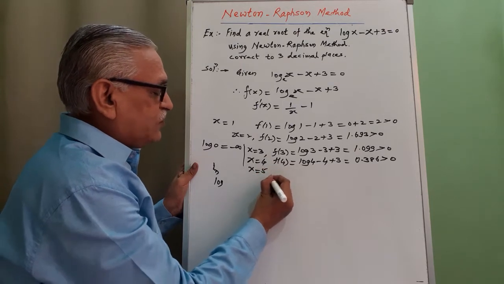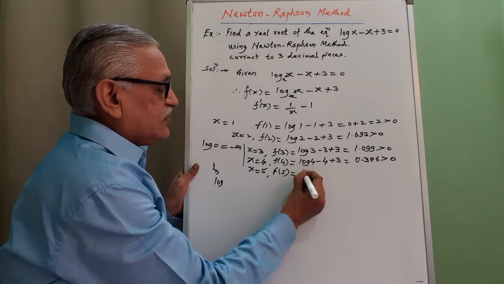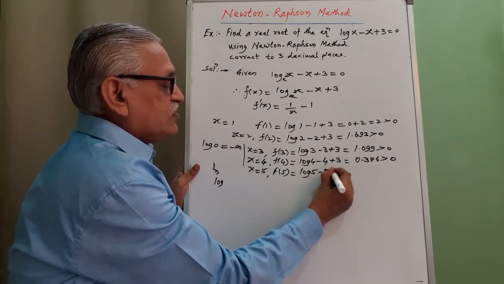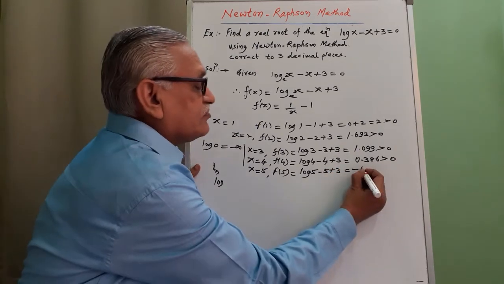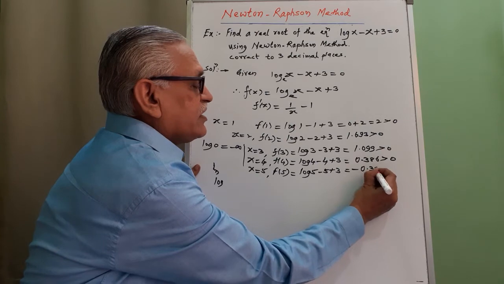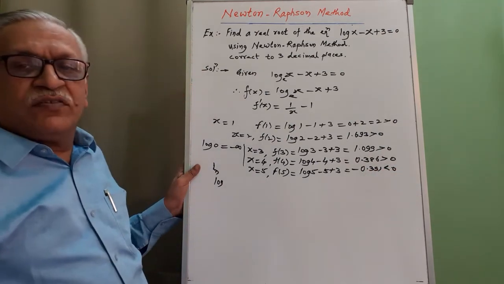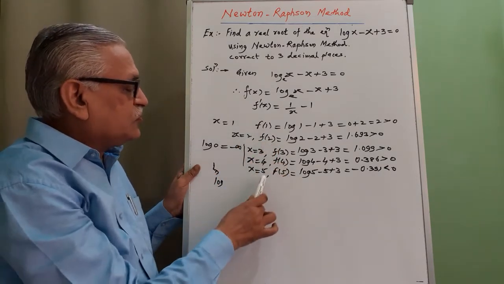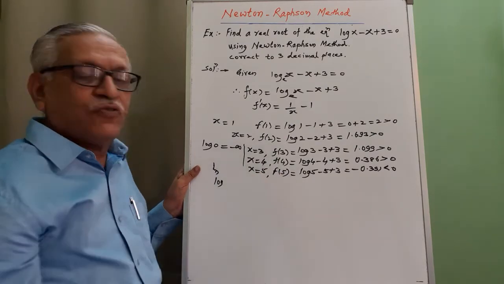For x is equal to 5, we get f of 5 as log 5 minus 5 plus 3, which is minus 0.391, which is negative. Means root lies between 1 to 5, root lies between 2 to 5, root lies between 3 to 5, and root lies between 4 to 5.